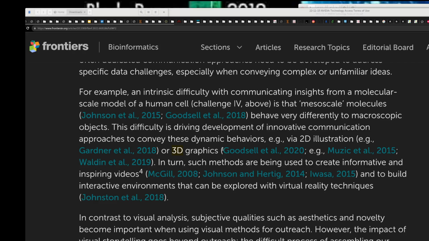In turn, such methods are being used to create informative and inspiring videos, McGill, 2008, Johnson and Herdig, 2014, Iwasa, 2015, and to build interactive environments that can be explored with virtual reality techniques, Johnston et al., 2018.